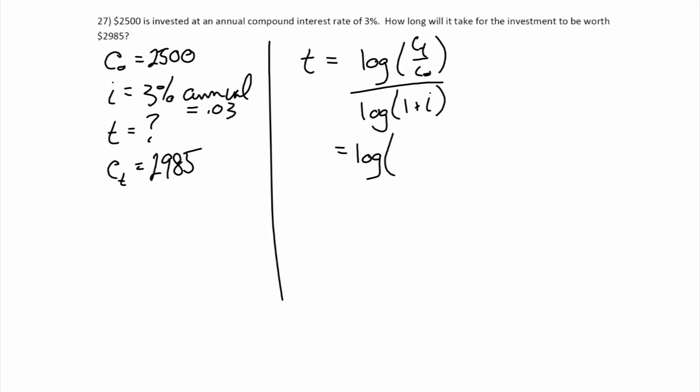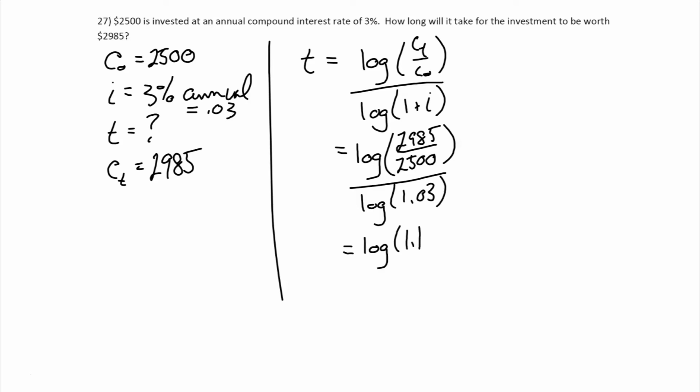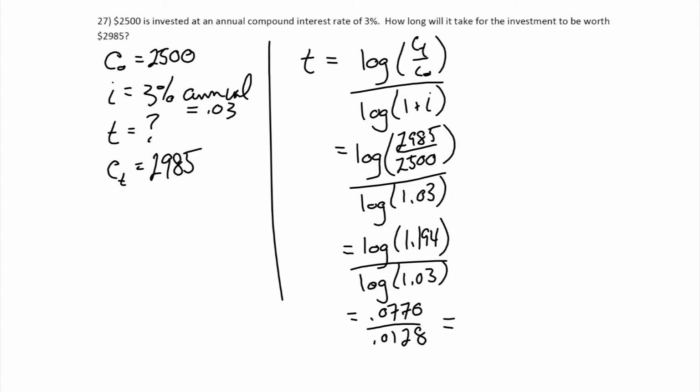We've got the log of 2,985 divided by 2,500, all of that divided by the log of 1.03, which is the log of 1.194 divided by the log of 1.03, which is 0.0770 divided by 0.0128, which is equal to 6.0. Therefore, it will take 6 years.